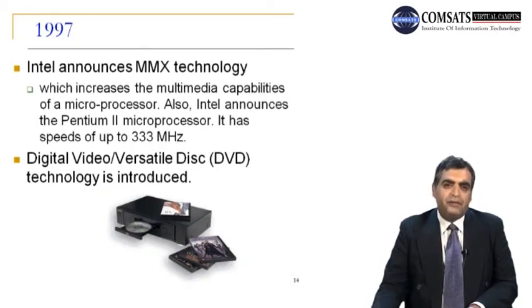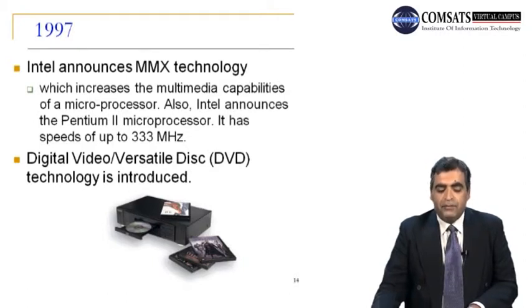Multimedia instructions are heavier than the normal instructions, and when they are provided in the instruction set of the microchip, it becomes easy for compilers to translate programs for multimedia content. Also in the same year, Intel announces the Pentium II microprocessors, with a speed of up to 333 megahertz.